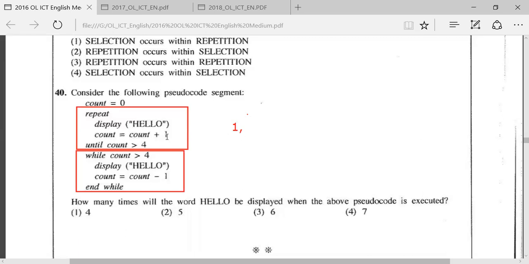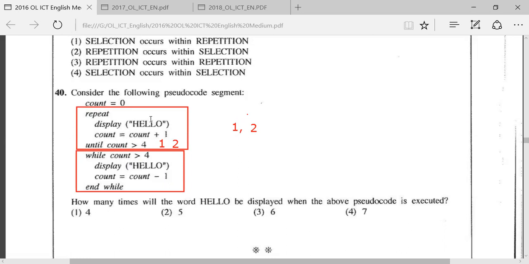Count equals count plus 1. Count is 0, 0 plus 1, 1. 1 greater than 4, it is false. Iteration continues. So second one. 1 plus 1, it is 2. 2 greater than 4, that is also false.